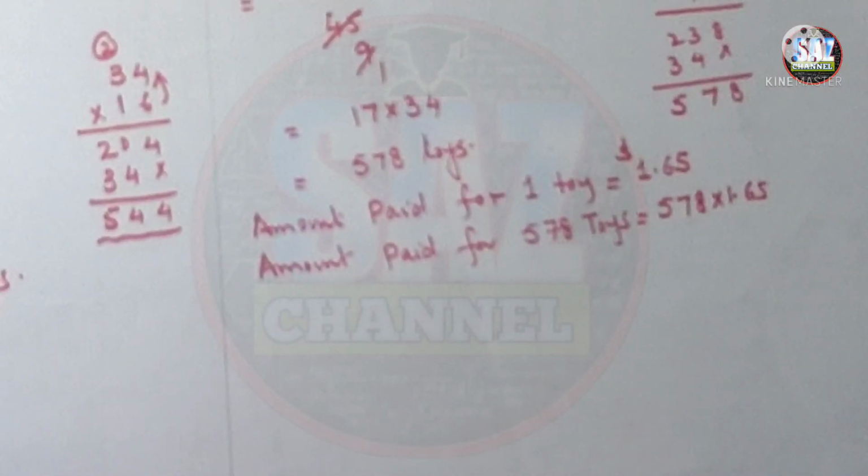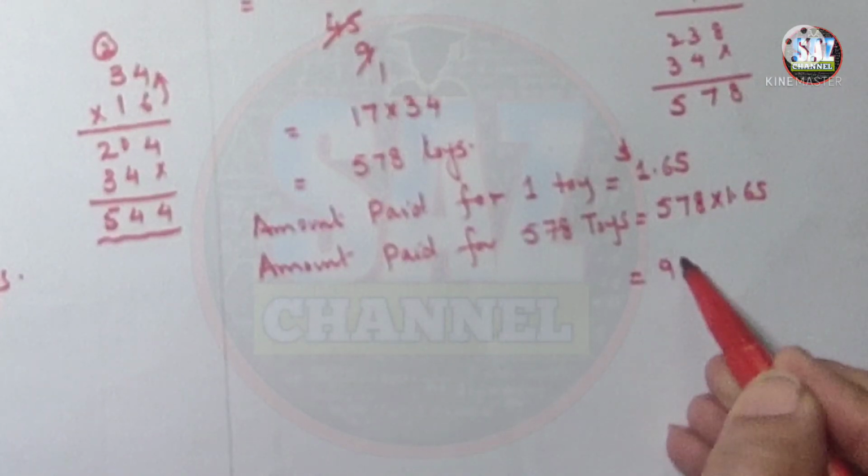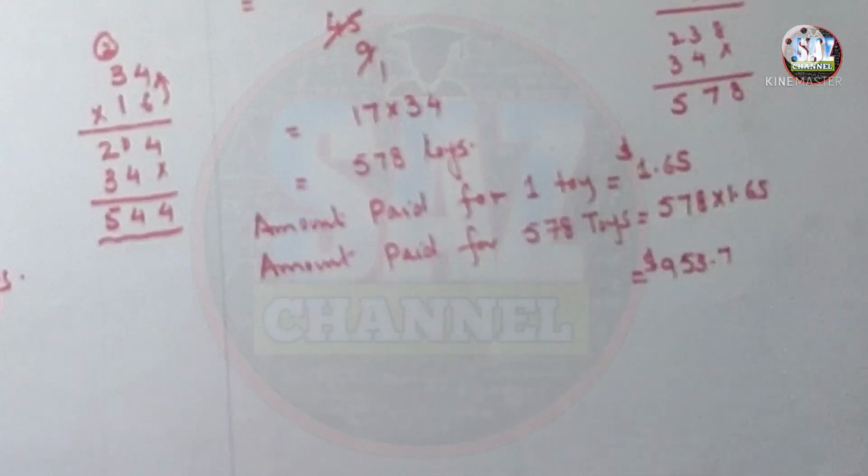Now we multiply this quantity by 1.65, and this becomes 953.7, so $953.7. This is the total amount that she will be receiving for making 578 toys at the rate of 1.65 per toy.